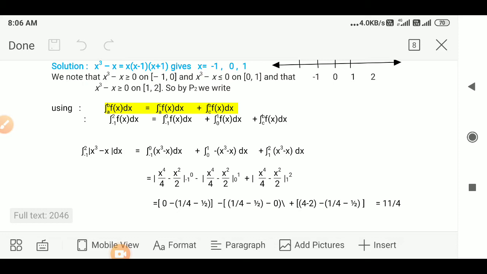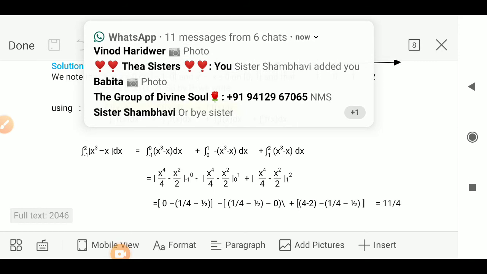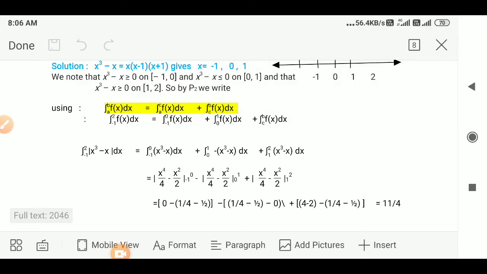Suppose you put 1.2 from the interval 1 to 2 in the factors of x cube minus x, which is x, x minus 1, x plus 1: 1.2 minus 1 is 0.2, positive, and 1.2 plus 1 is positive.